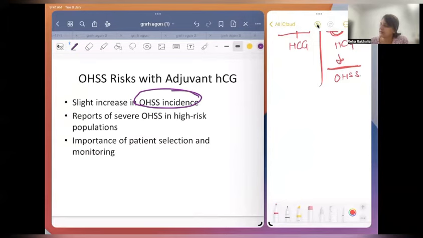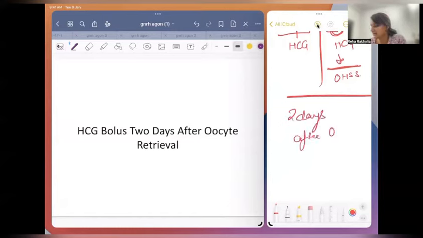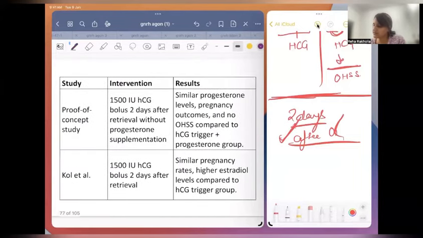Then the topic is HCG bolus 2 days after oocyte retrieval. Previously we saw HCG given on the day of oocyte retrieval. Now for 2 days after oocyte retrieval, there were 2 studies.